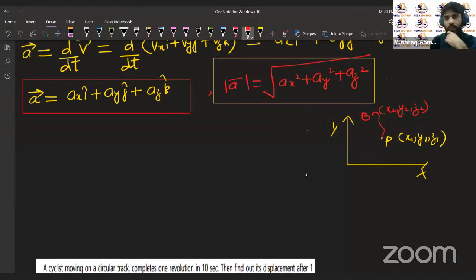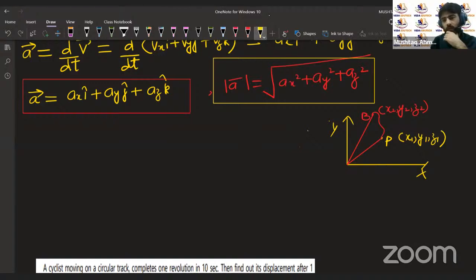So for this particle, this is the initial position vector, and this will be the final position vector.